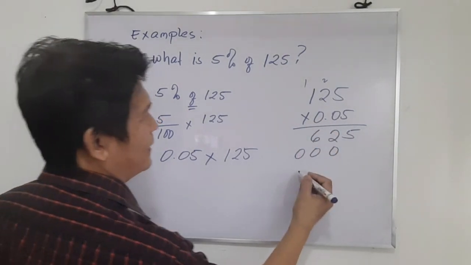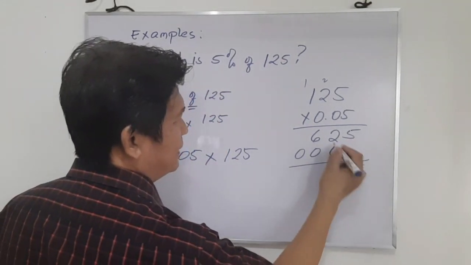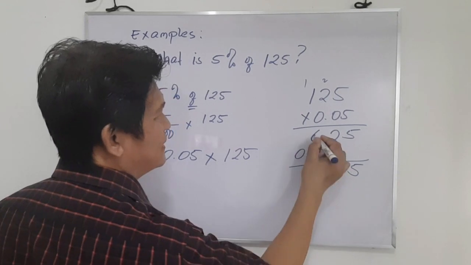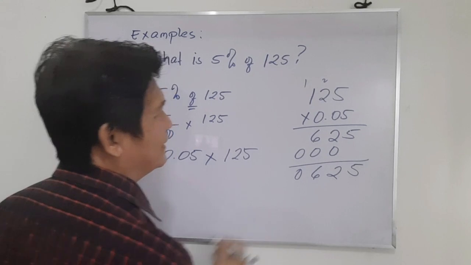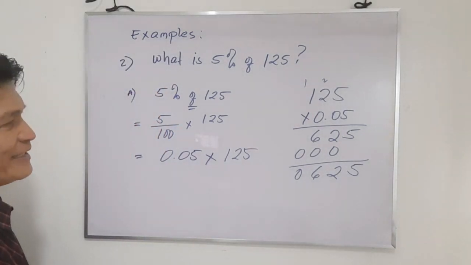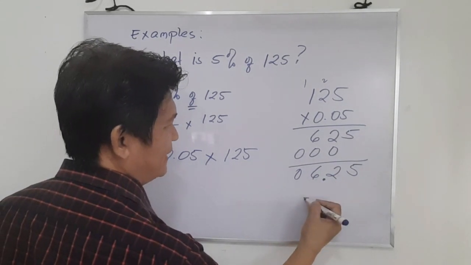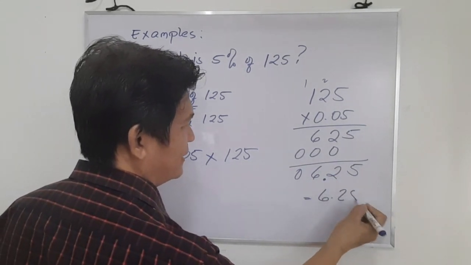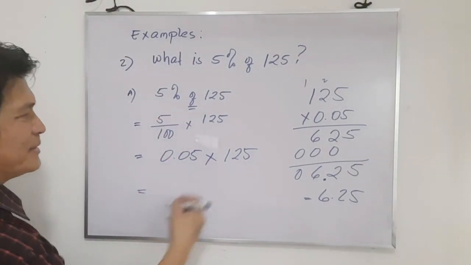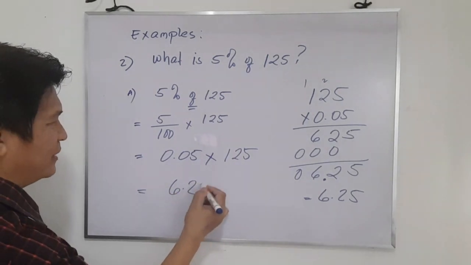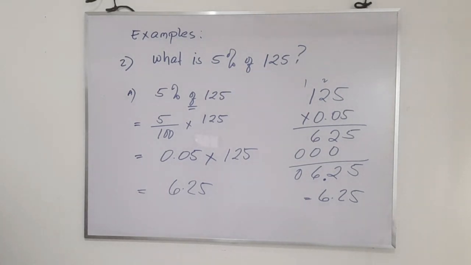And then we add. We bring down 5, 2 plus 0 is 2, 6 plus 0 is 6, bring down 0. We locate the decimal point in your answer, 1, 2. So that is 6.25. Therefore, 0.05 times 125 is 6.25. 5% of 125 is 6.25.